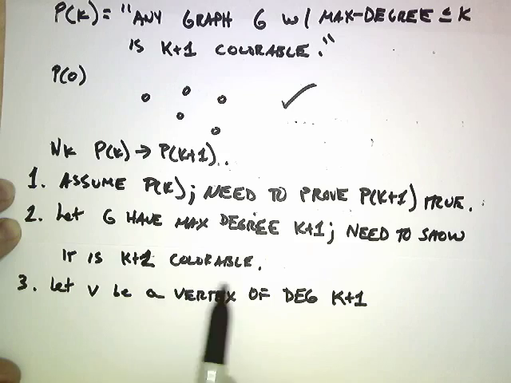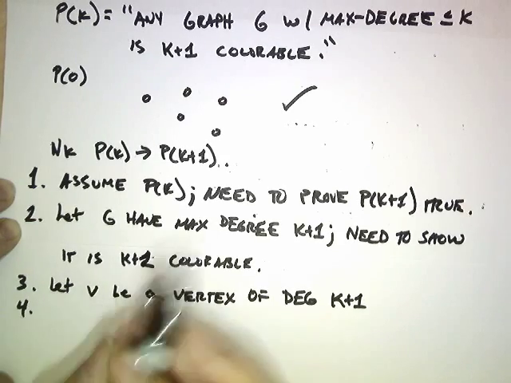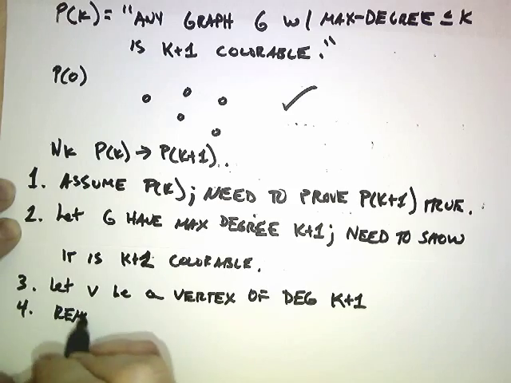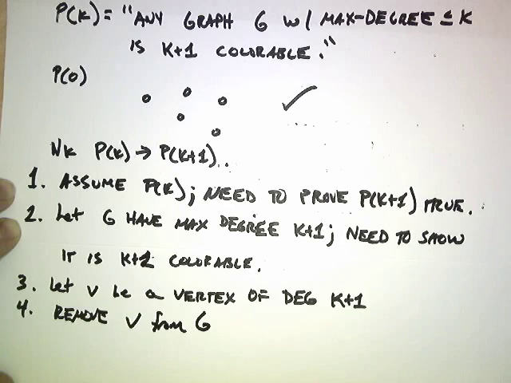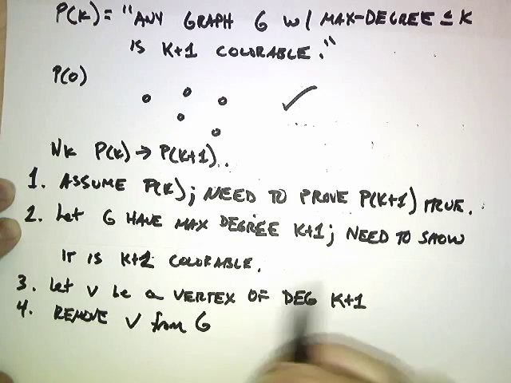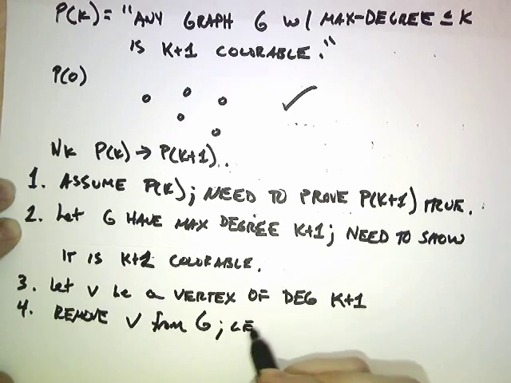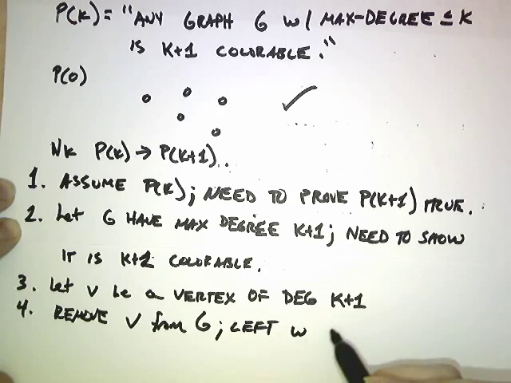We have to show it's k plus 2 colorable, so let's let V be a vertex of degree k plus 1. That's a valid step. Then I'm going to remove V from G and all of its edges. A slightly odd step, but it's common when you're doing induction on graphs. You take your graph, you take your vertex v, you remove it, and you remove all the edges that connect v to G. We're left with G prime.